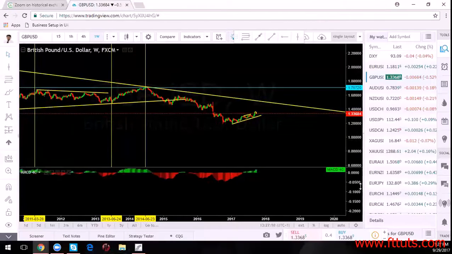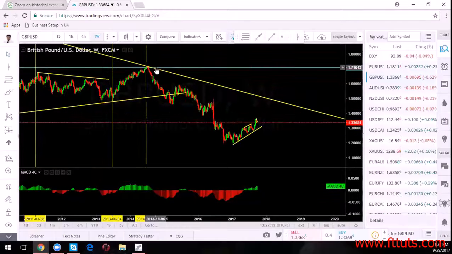And when you go to the 1 week, you can see exactly how many waves are in this thing coming down. So if you were counting waves before you joined my class, you would do this. You would do 1, 2, and then 3, 4, and you would look for a 5 to end here and go back up. Right? You would go for 1, 2, 3, 4, 5, and then you said this will go back up.